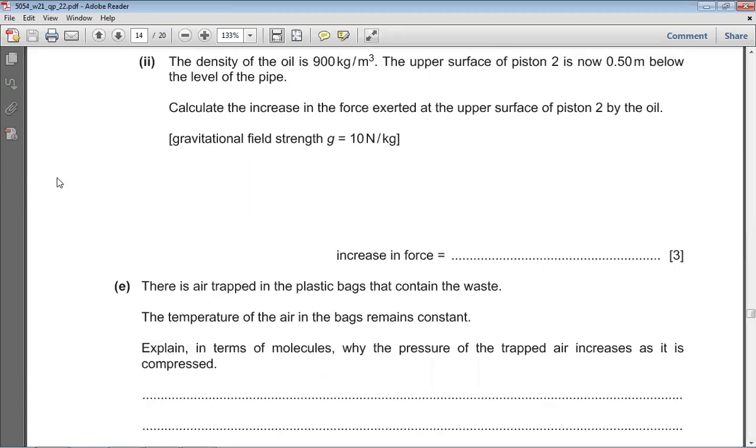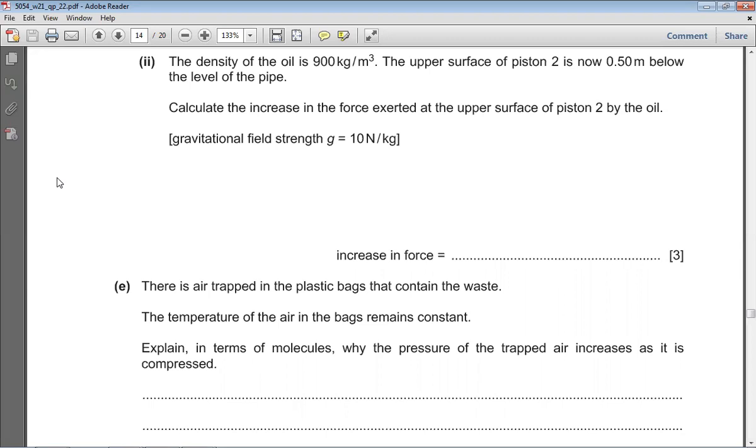Now, the second part: the density of the oil is 900 kg per meter cube. The upper surface of the piston 2 is now 0.50 meters below the level of the pipe. Calculate the increase in the force exerted at the upper surface of the piston 2 by the oil. Gravitational field strength g is 10 Newton per kg.